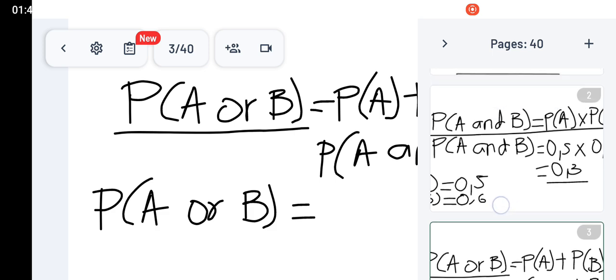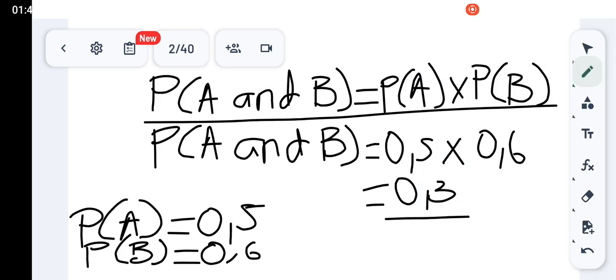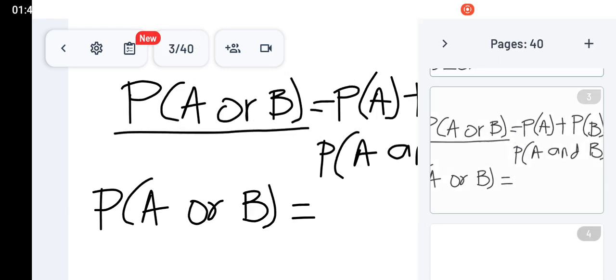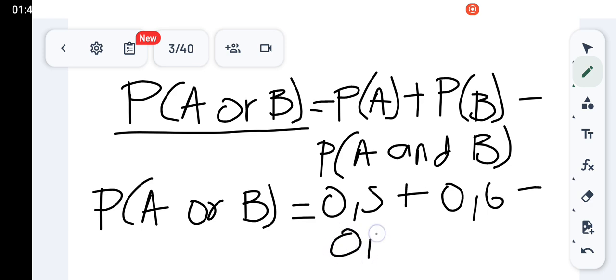So we are looking for probability of A or B. Probability of A, they said 0.5, probability of B 0.6, and probability of A and B 0.3. So let's substitute. Probability of A 0.5 plus probability of B 0.6 minus probability of A and B 0.3.